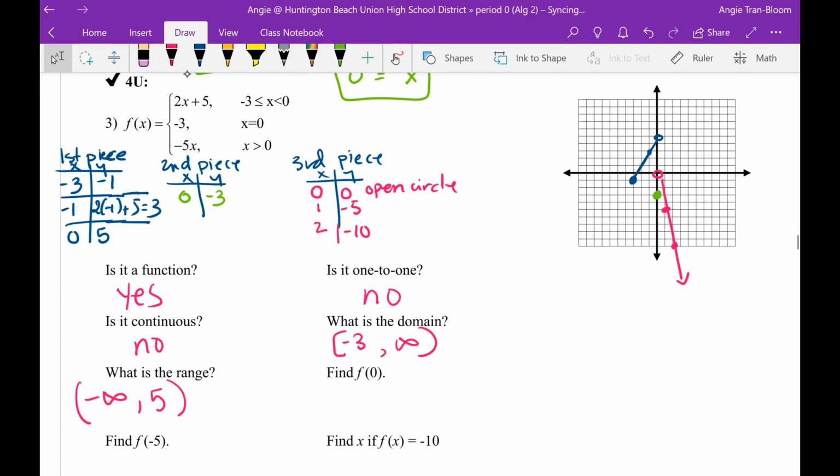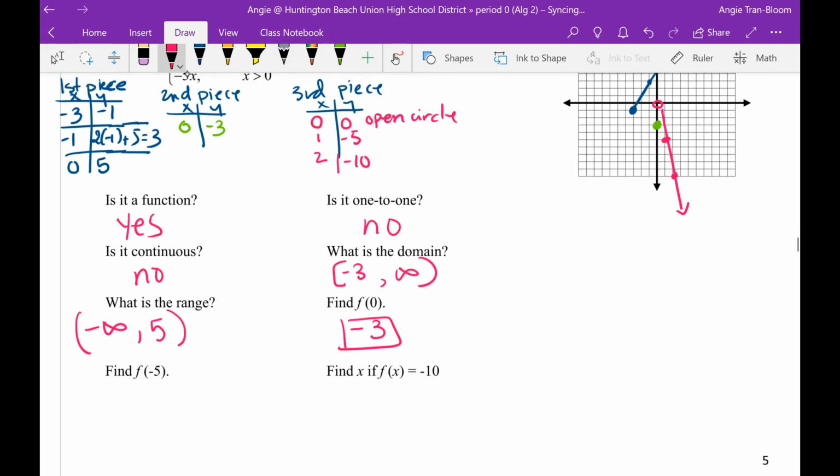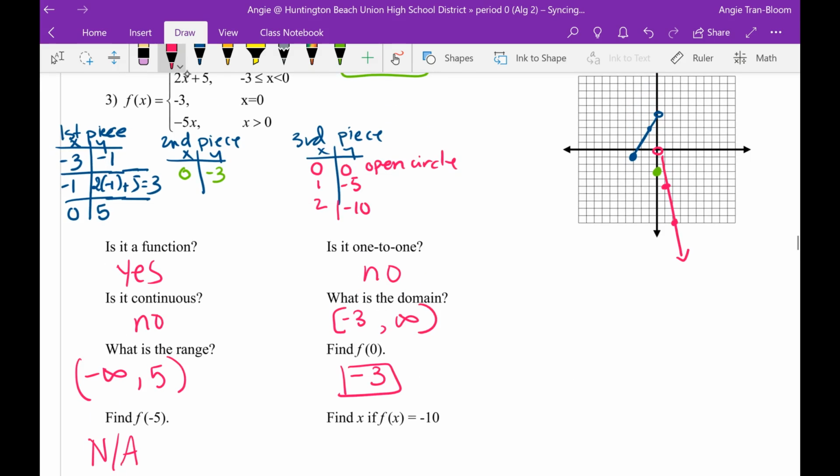All right, find f of 0. This one should be an easy one. What's f of 0? Negative 3, because it's just a point, okay? f of negative 5. Oh, do we have it? No. It doesn't exist. NA, y'all. There's no x at negative 5 on your domain ever.